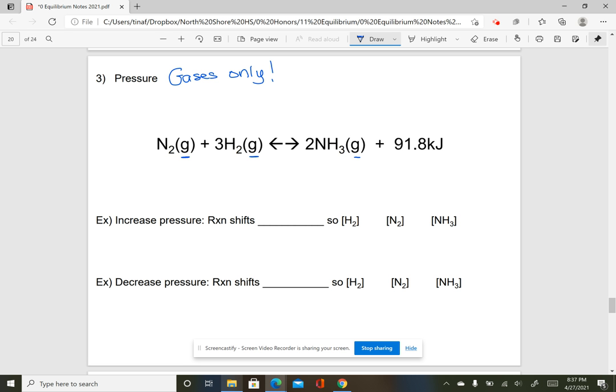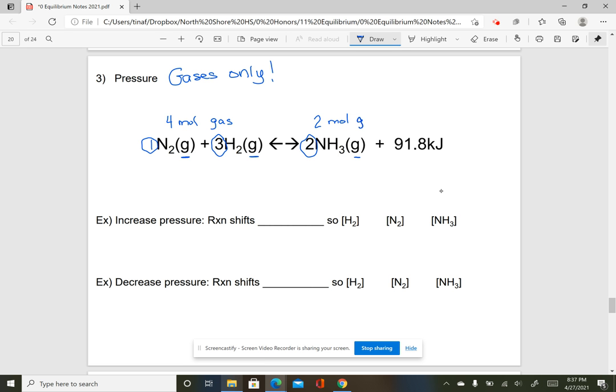Next thing I want to do is I want to count how many moles of each gas I have on each side. So nitrogen doesn't have a coefficient, meaning I have 1 mole of nitrogen and I have 3 moles of hydrogen gas. So that's a total of 4 moles of gas on this side of the arrow. On the other side of the arrow, I have a 2 in front of ammonia, so I have 2 moles of gas.